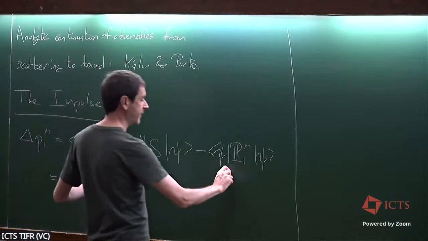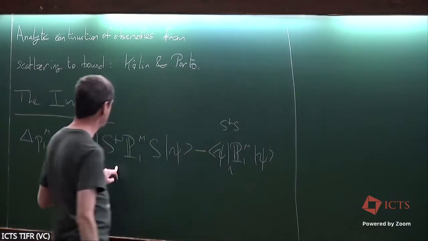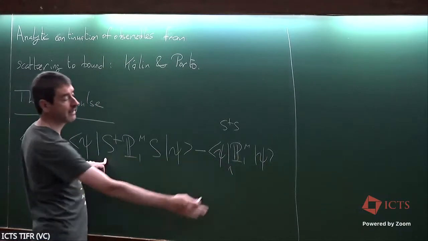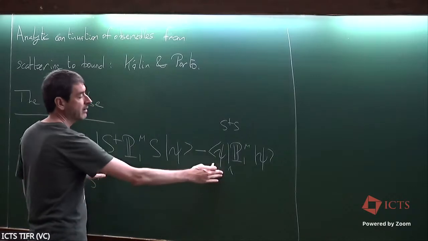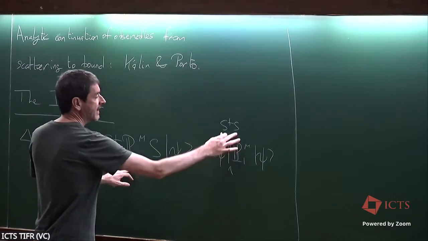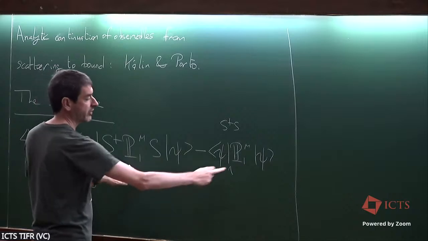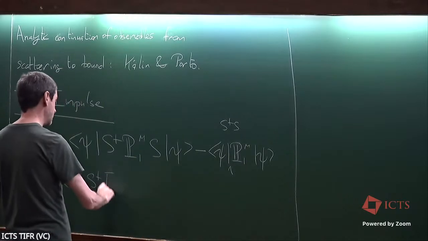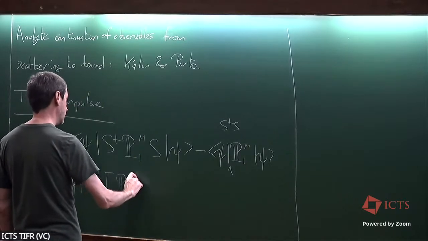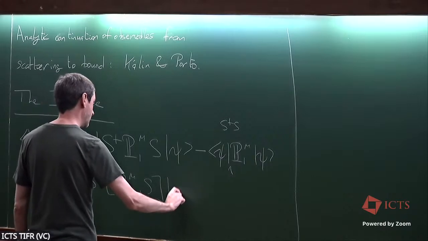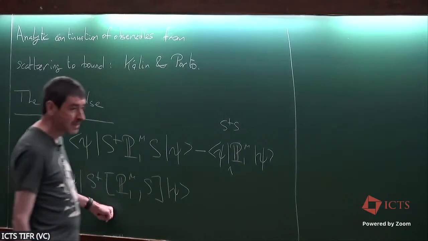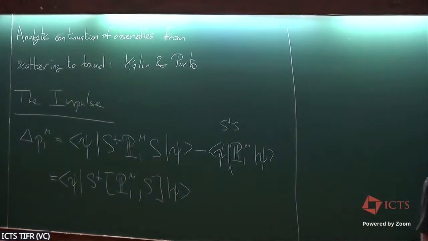So it's free for me to put in S dagger S. And then I can realize that if I've inserted S dagger S here, there's a psi S dagger in both of these formulae. And in the second term, P1 and S are in one order in the first term and in a different order in the second. So in other words, I can rewrite this as a commutator of the momentum operator of particle 1 and the S matrix on psi. Okay, so this is a nice little formula for what we're actually going to compute.